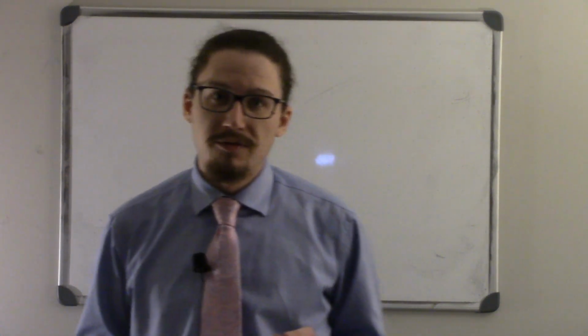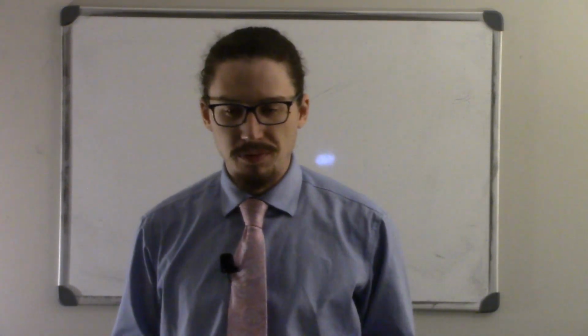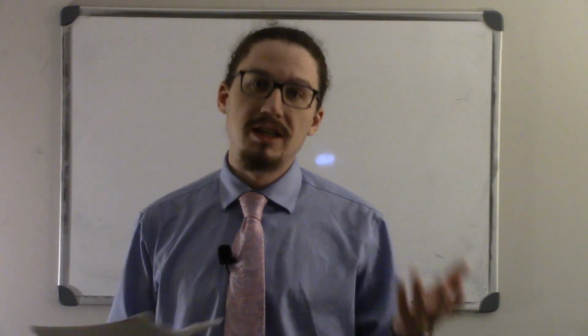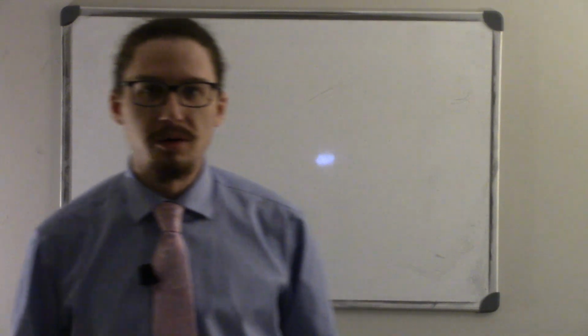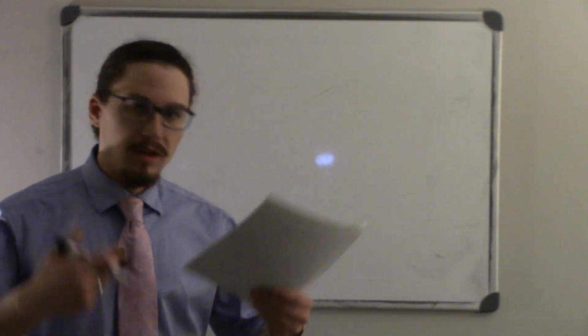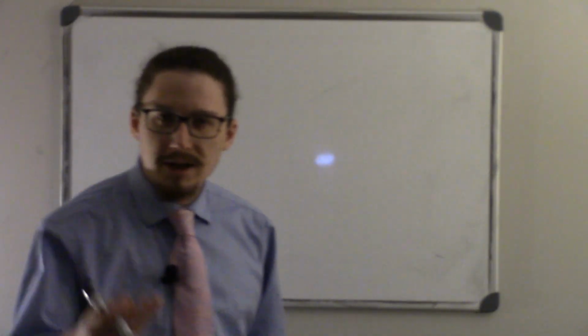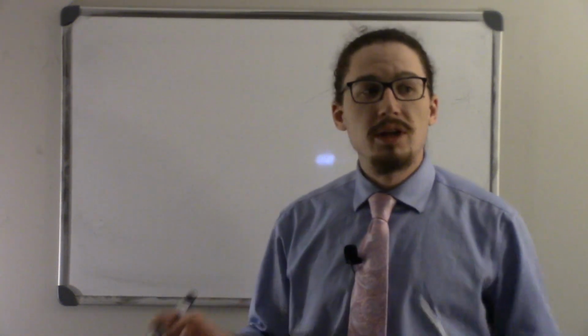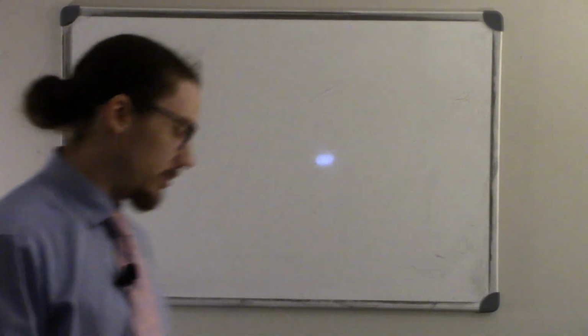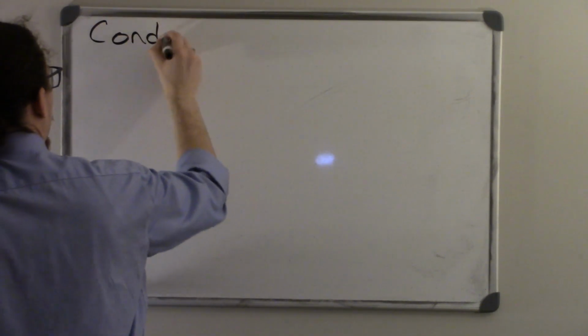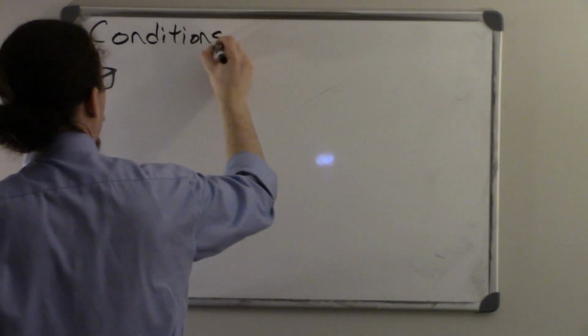So the first thing that we're going to do is talk about some of the conditions for a binomial experiment. If a process or an experiment matches these conditions, then we can use the binomial probability distribution to find those probabilities. But without further ado, these are the conditions for a binomial experiment.